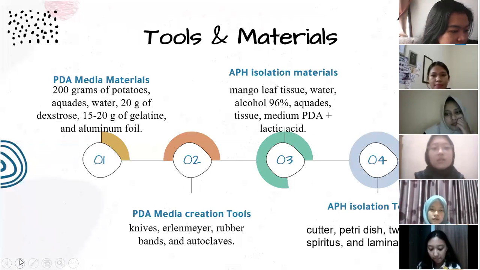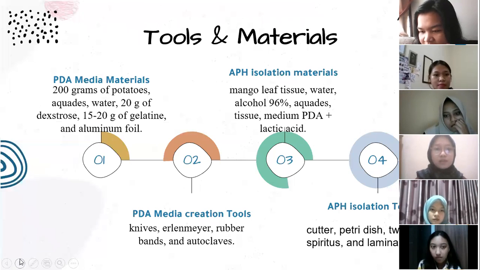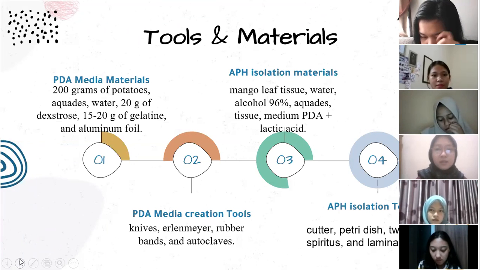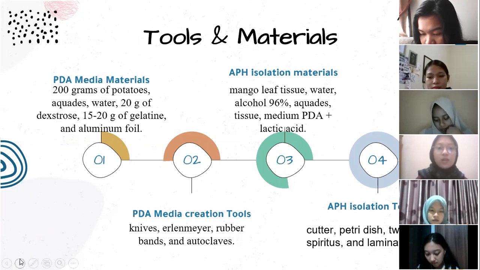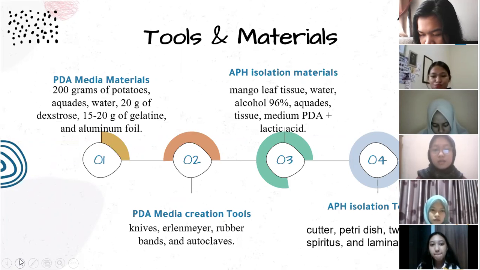And then there are the tools and materials that we need to make the PDA. The PDA media materials are 200 grams of potatoes, aquades, water, 20 grams of dextrose, 15 to 20 grams of gelatin, and also aluminum foil. The PDA media creation tools are knives, Erlenmeyer, rubber bands, and autoclave.